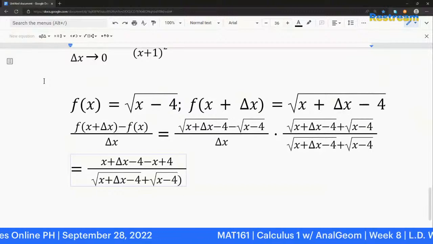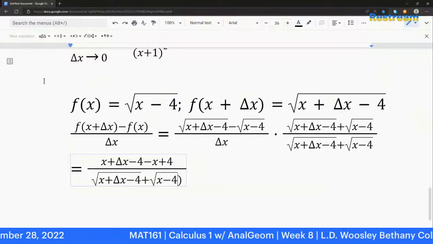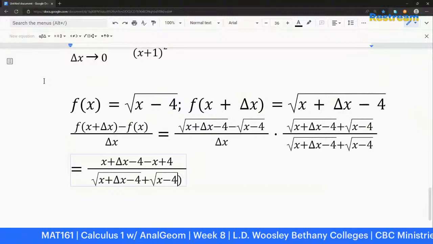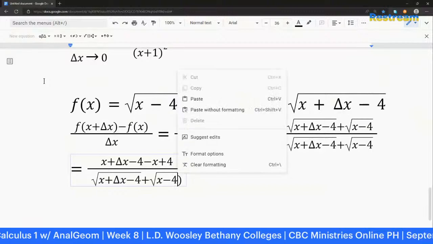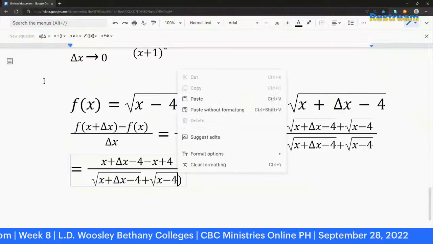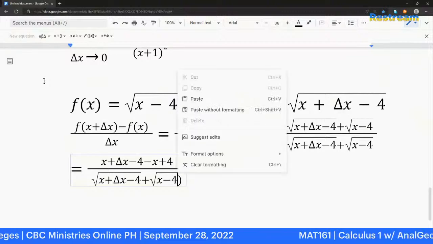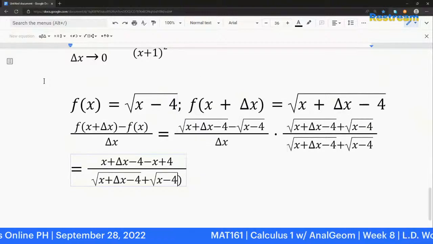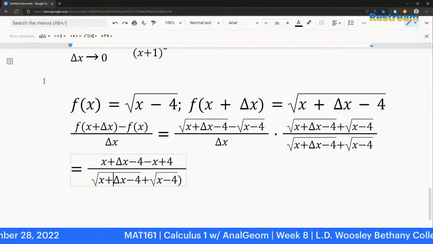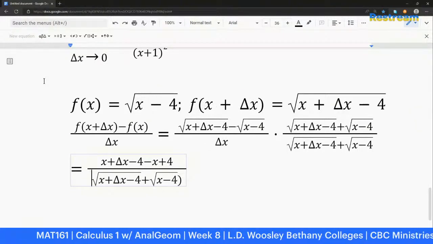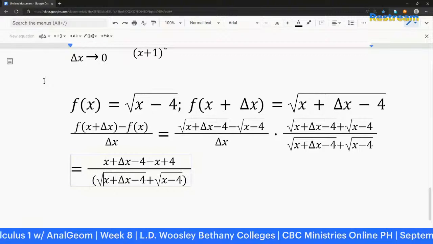X plus 4 po ba yung numerator or x minus 4? Numerator, x minus 4. Oh, minus eh. Panibagong line of equation pa kasi yun kung ilalagay ko. Nawala po ba yung delta x?